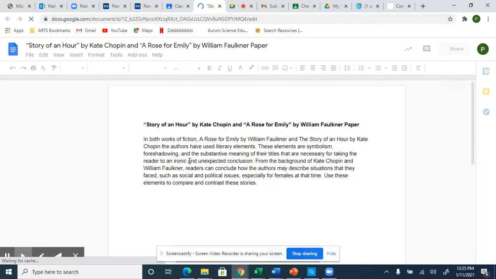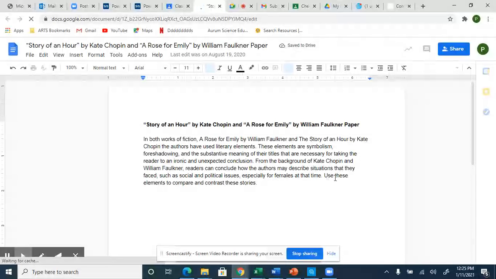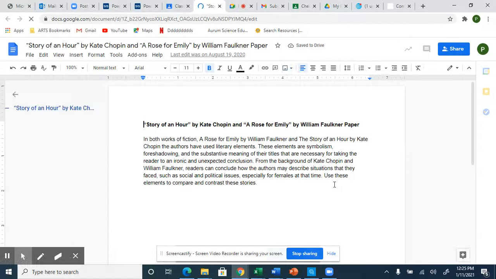So, in both works, there's symbolism, foreshadowing, and they were looking at social and political issues, especially for females at the time. Use these elements to compare and contrast.